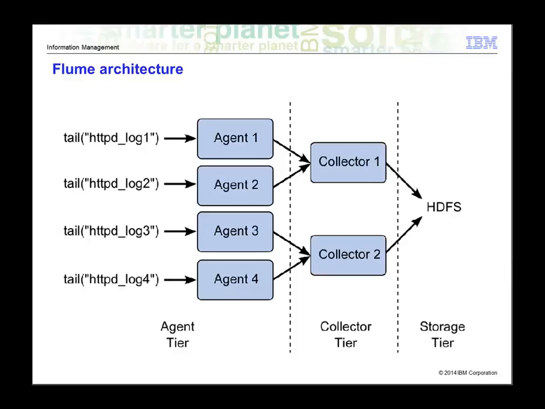Collector 1 is configured to take the data from Agent 1 and Agent 2 and route it to HDFS. Collector 2 is configured to take the data from Agent 3 and Agent 4 and route it to HDFS. Having multiple collector processes allows one to increase the parallelism in which data flows into HDFS from the web servers.